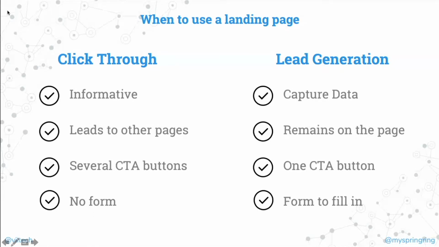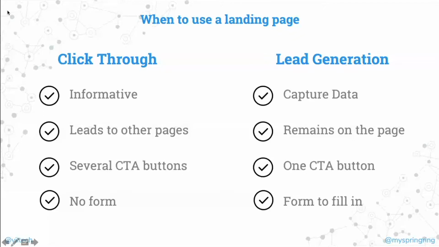It will show you details about the product or other products or services if you offer any, and then also lead you to other pages that might be of any interest. So a click-through landing page is usually much longer, more detailed, with a lot more information, and you have several calls to action, several clicks, where it leads you to a different part of the website where you actually conduct or create the conversion.